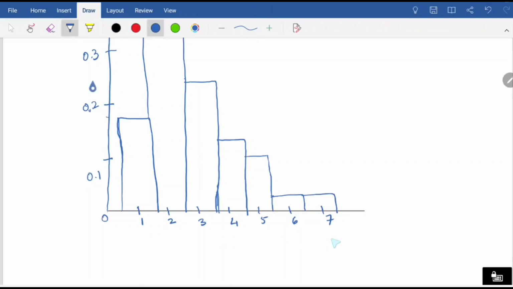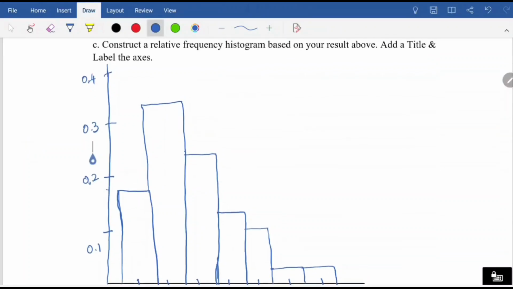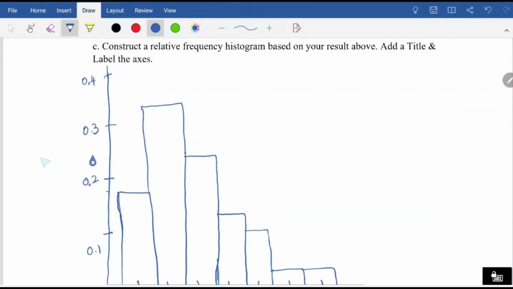Again, please label your axis. This is going to say number of members or number of people per household. And on your y-axis, please label it relative frequency. That's relative frequency, not frequency this time, but relative frequency.